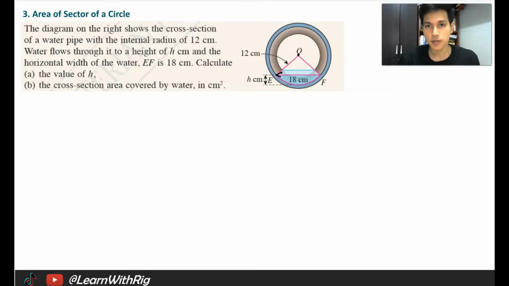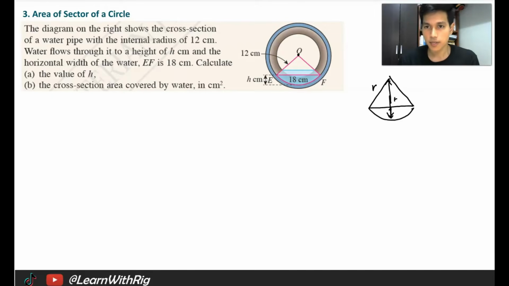So the first question, they ask you to find the h. How do you find the h? The first thing I want you to understand is, if you have a sector like this, the whole length down is the radius, correct?